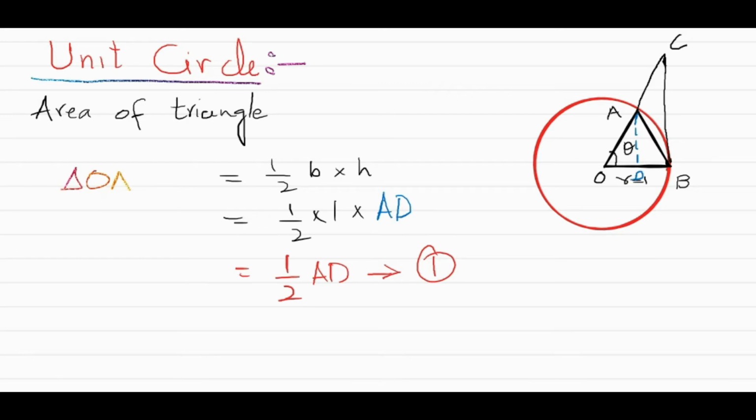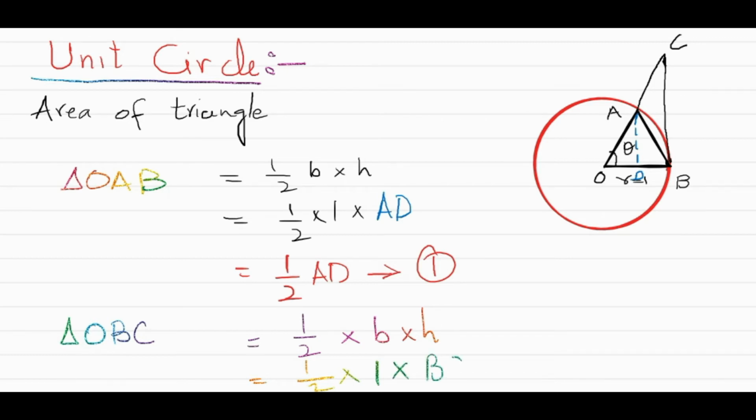In a similar fashion, we can find the area of the right angle triangle, which is OBC. For OBC, again we put half times base times height. In this case, the base is again the radius of the circle, so I put half times 1 times height.